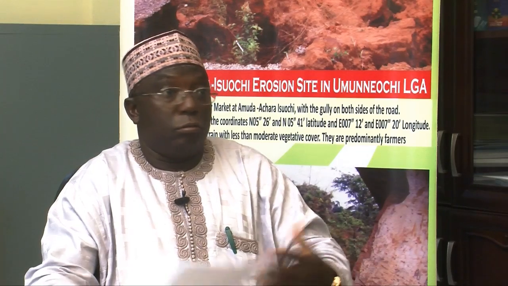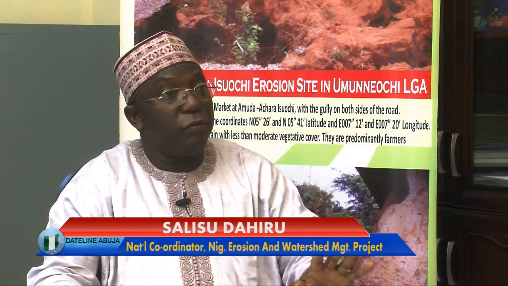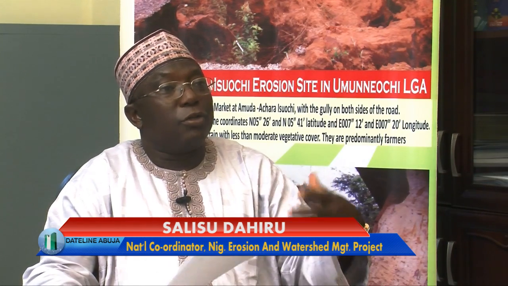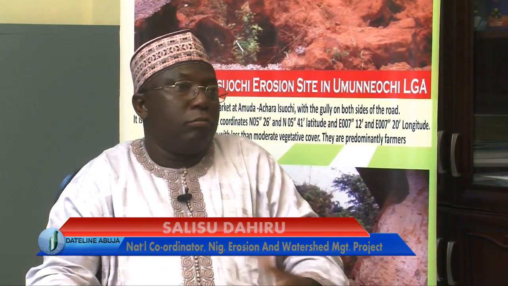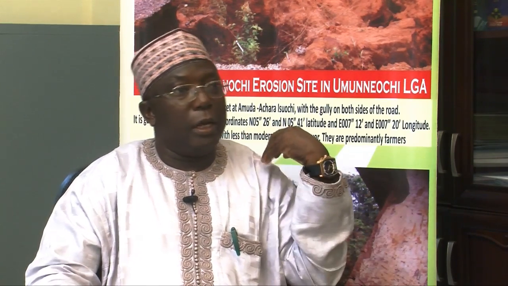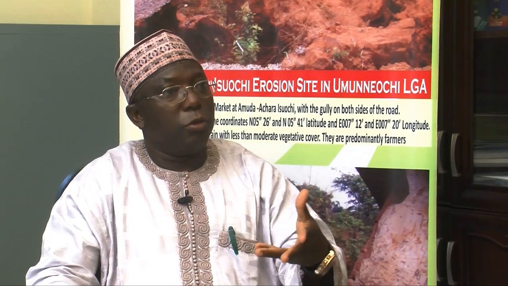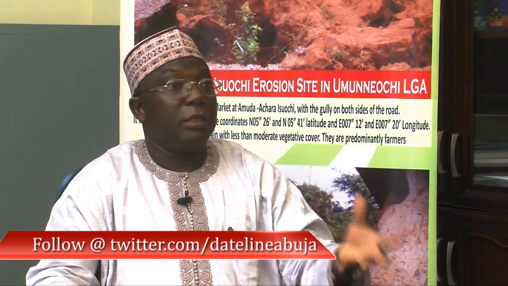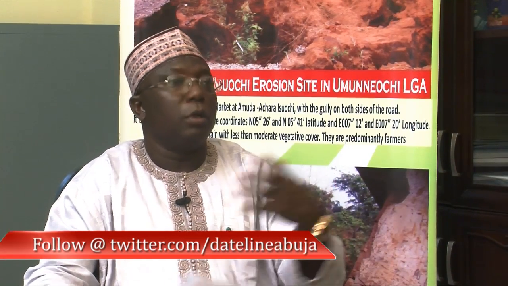But these ones have been selected through a very transparent way, meaning the governor may not simply say that because this gully is behind his backyard, it must be addressed. No, the communities within the state will have to sit and prioritize the gullies that need to be addressed and put them forward, do the design, and then we commission the necessary contracting firms to do the work.